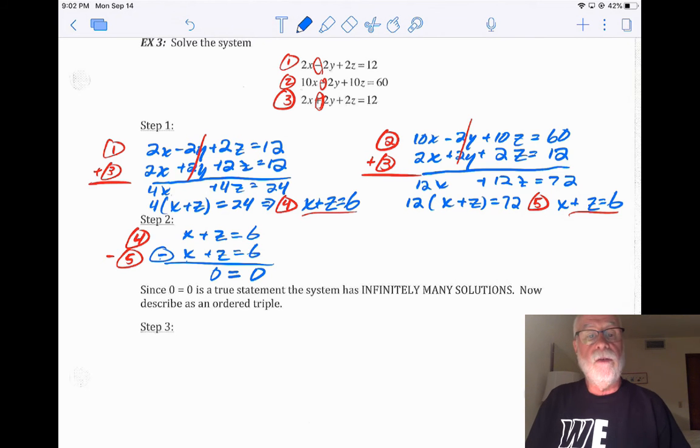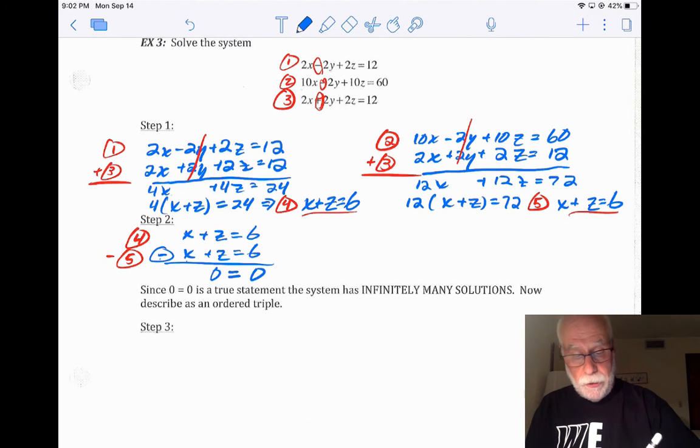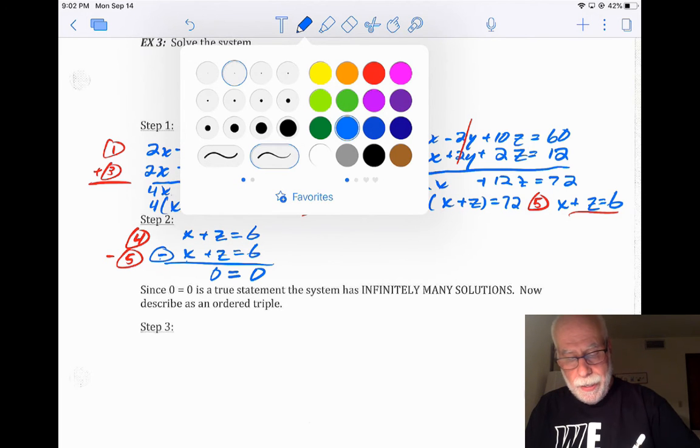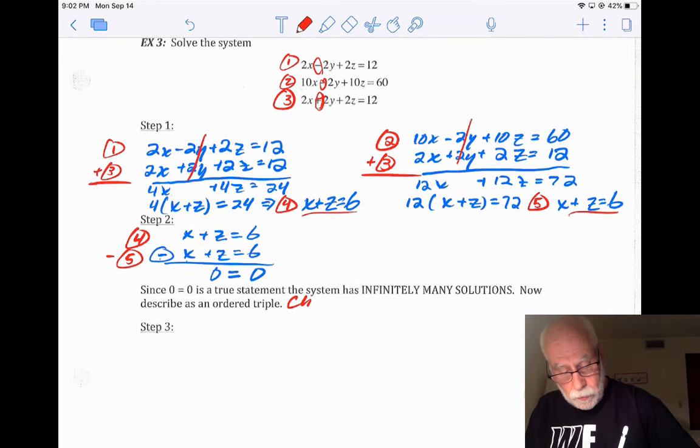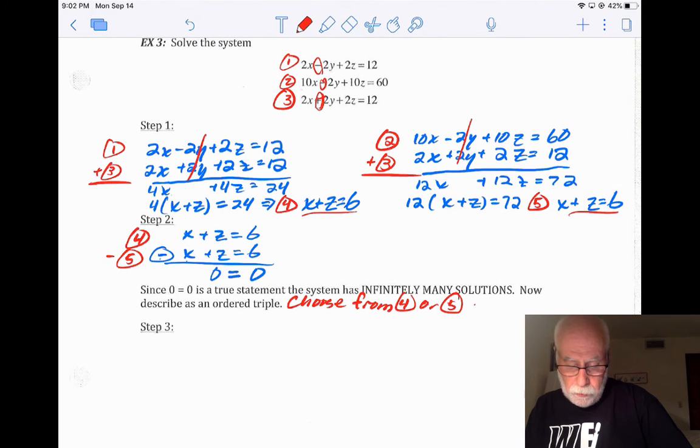Okay, now I have to describe it as an ordered triple. So when I see that, ladies and gentlemen, you're going to look at these two here. We're going to look at 4 or 5. So you're going to choose which variable to solve for.